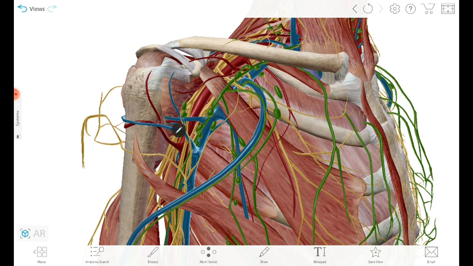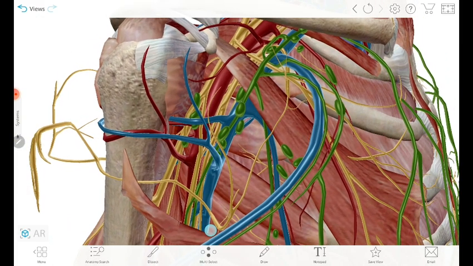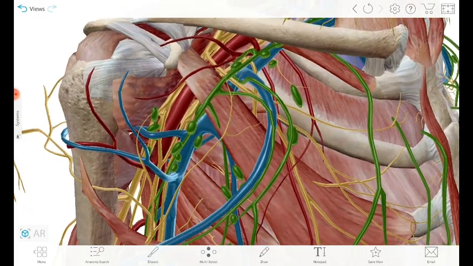And finally we can see some nerves in yellow color. These are actually our cords of brachial plexus. We can see one cord which is lying medially to the axillary artery. This here is the axillary artery. So the cord which is lying medial to it is the medial cord of brachial plexus.